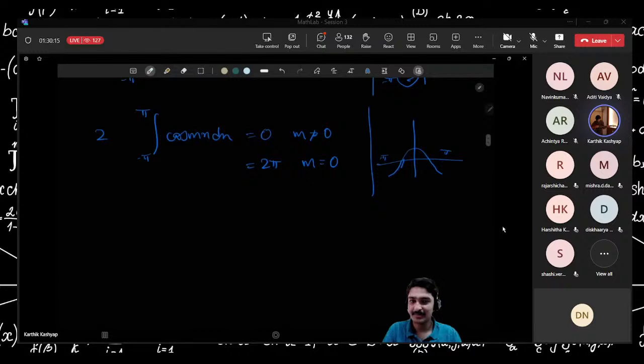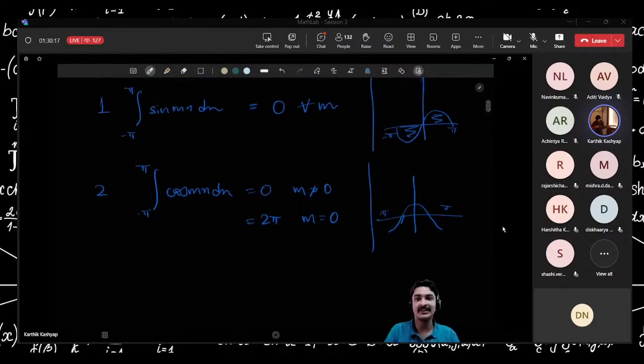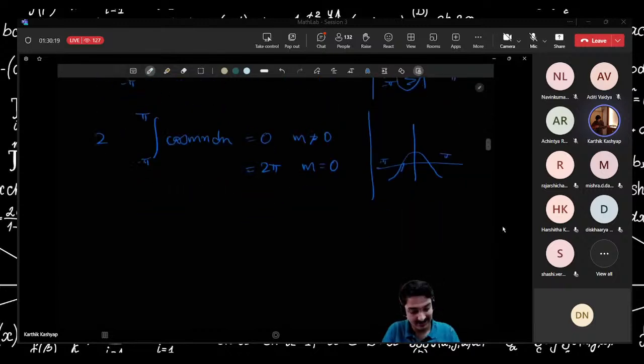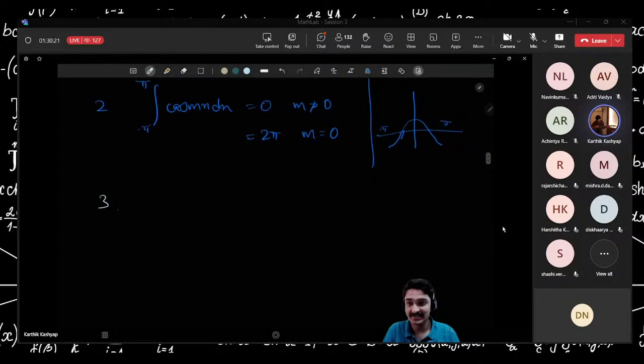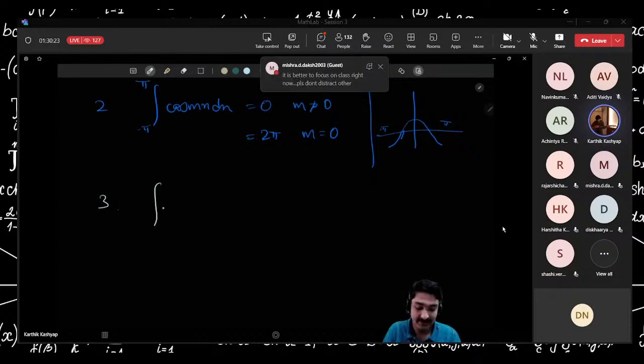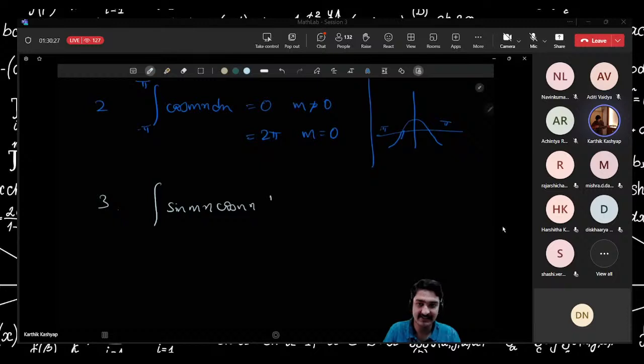Okay, so this is the second property that we have so far. We have taken the integral of sine and the integral of cos. So now, starting with the third one, let's take the integral of sin mx cos nx dx. Now minus pi to pi, of course. For this, according to trigonometric properties, we can write sine cos in terms of sine C plus sine D, right?